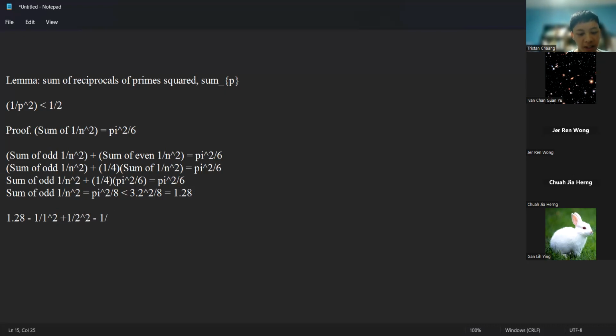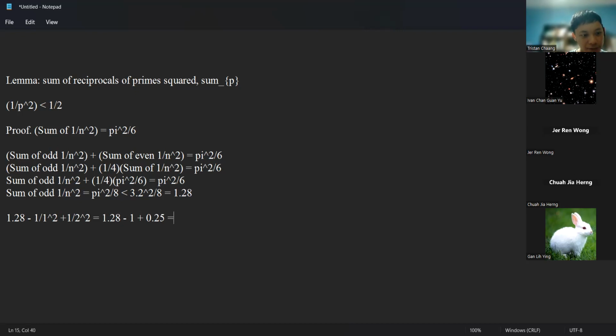Then minus 1 over 9 squared. Sorry, no. 2, 3, 5, 7, 9. I think that's enough already. This is 1.28 minus 1 plus 0.25. Ah, that's slightly more than 0.5.